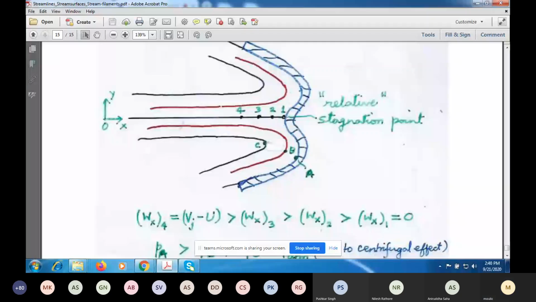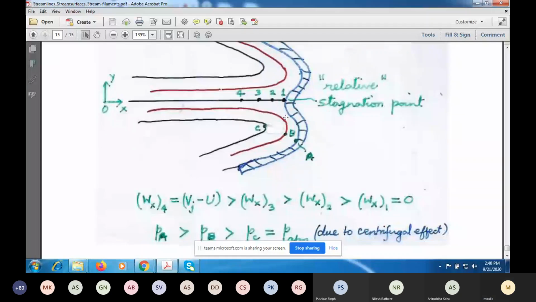And if you look at and apply Bernoulli's equation, okay, so I have not yet talked about it. We have to develop the material slowly. Okay, you can show that if you compare the pressure at points 4, 3, 2, 1, where do you think you will have the maximum pressure?